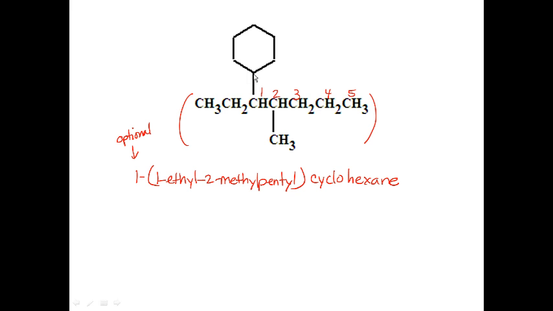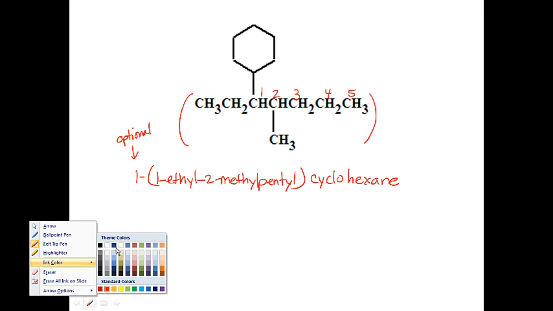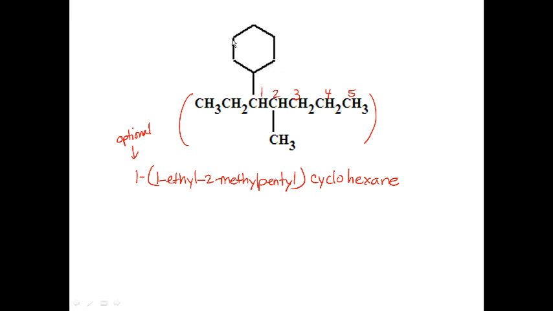Now sometimes what we do when we have just a monosubstituted ring is that we name the ring as a substituent of the longest chain of the alkane. For instance, if I want to treat a cyclohexane ring as a substituent, I'm going to call this a cyclohexyl group.